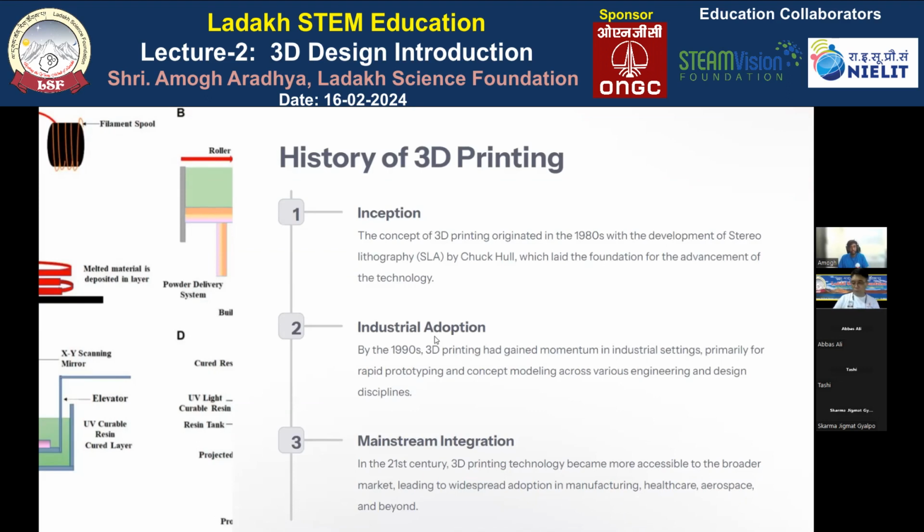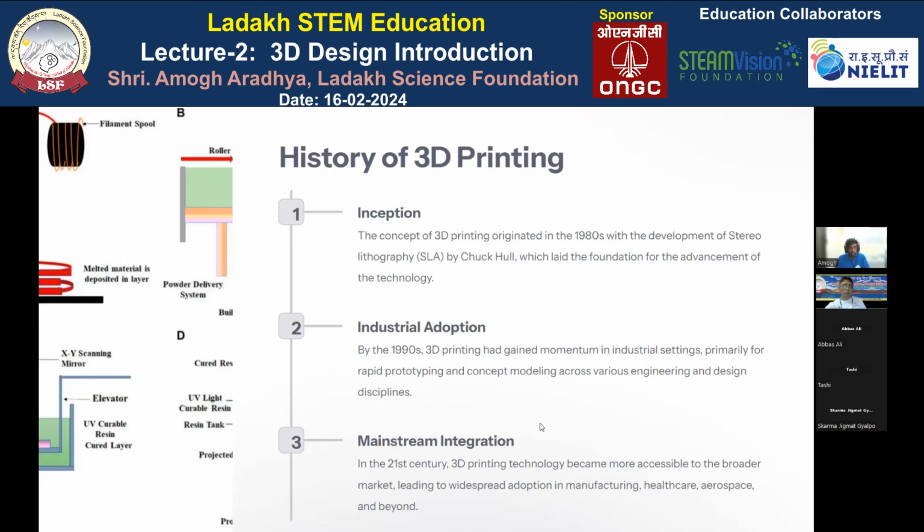Later on in the 1990s, the industrial adoption took place. 3D printing gained a lot of momentum because it enabled rapid prototyping, and it was fast enough to validate ideas, and it helped the engineering and design disciplines to see the product market fit.